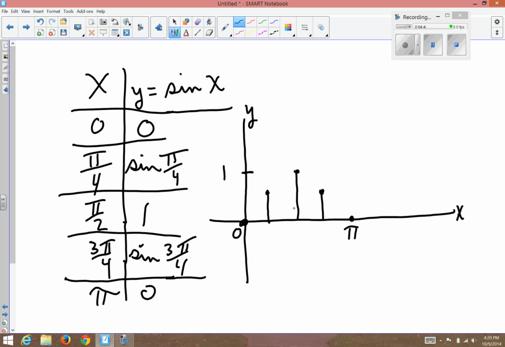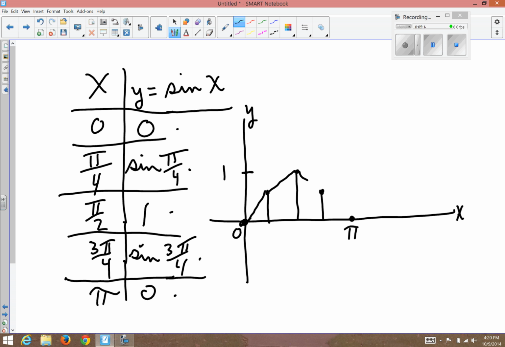So there's 1, 2, 3, 4, 5 vertical lines here. 2 of them are height 0, but theoretically there's 1, 2, 3, 4, 5 vertical lines here, and we just connect all of these dots with straight line segments, not the curve that we know. y equals sine x is a curve, but we're going to make straight line segments.